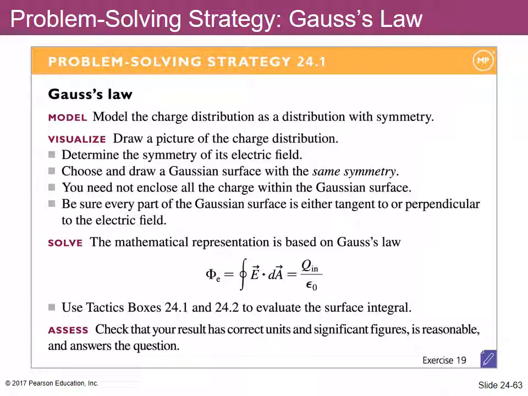Be sure every part of the Gaussian surface is either tangent to or perpendicular to the electric field. Use the mathematical representation based on Gauss's law. Check that your results have correct units and significant figures, are reasonable, and answer the question.